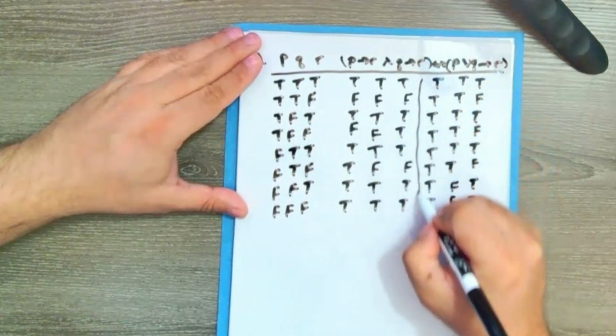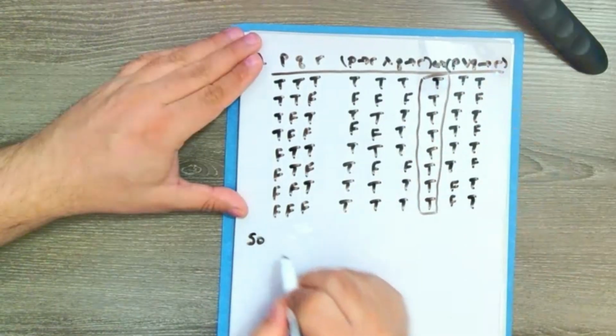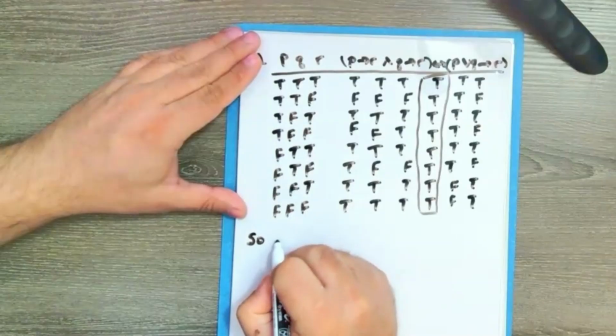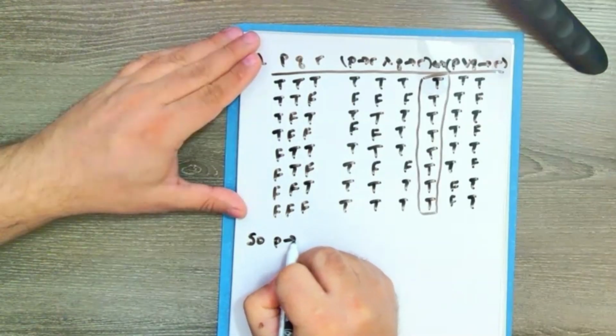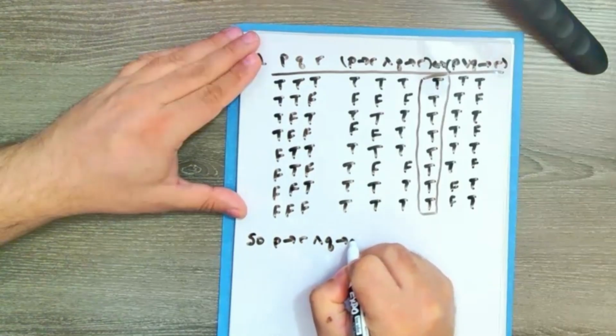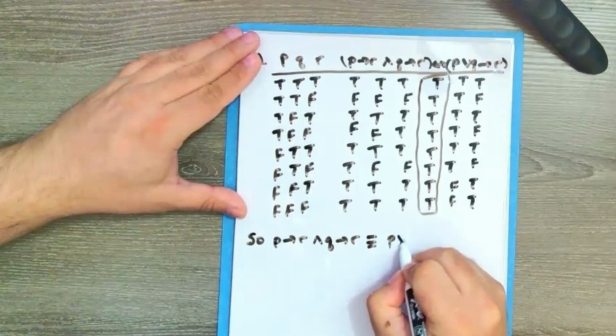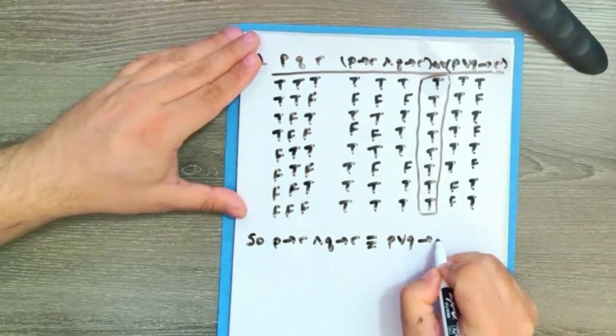And so we do have a tautology. And so we have demonstrated that P implies R and Q implies R is logically equivalent to P or Q implies R.